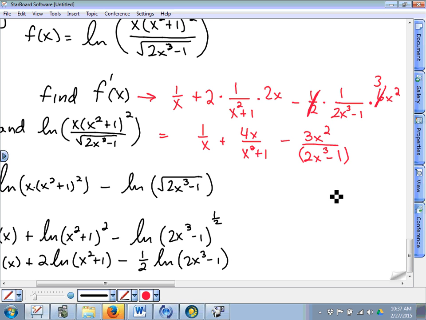No, because this x is part of that term, 2x to the third minus 1. This is 2x to the third minus 1. That's x squared plus 1.